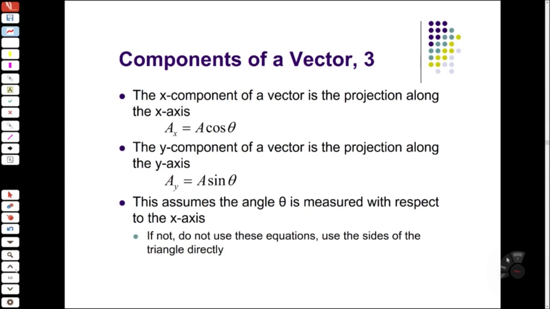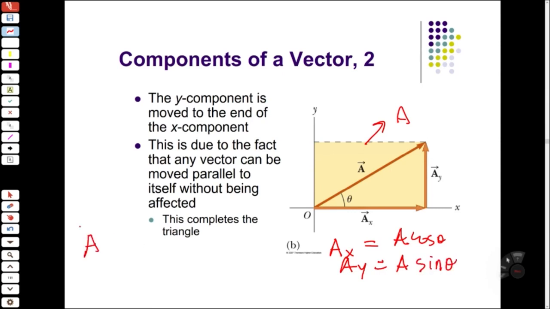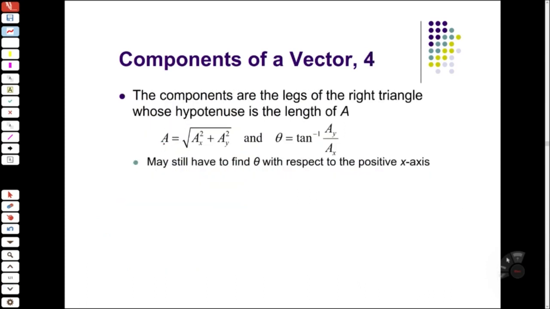So from here you see that if the magnitude is called A, then Ax is just A cosine theta, and Ay is A sine theta. So a vector can now be represented in component form as A cosine theta, A sine theta. So that's what is written here.